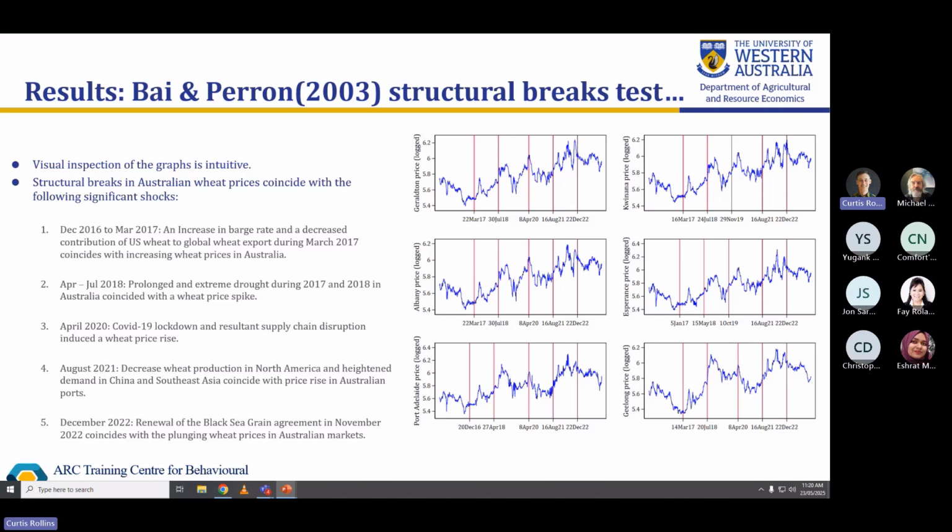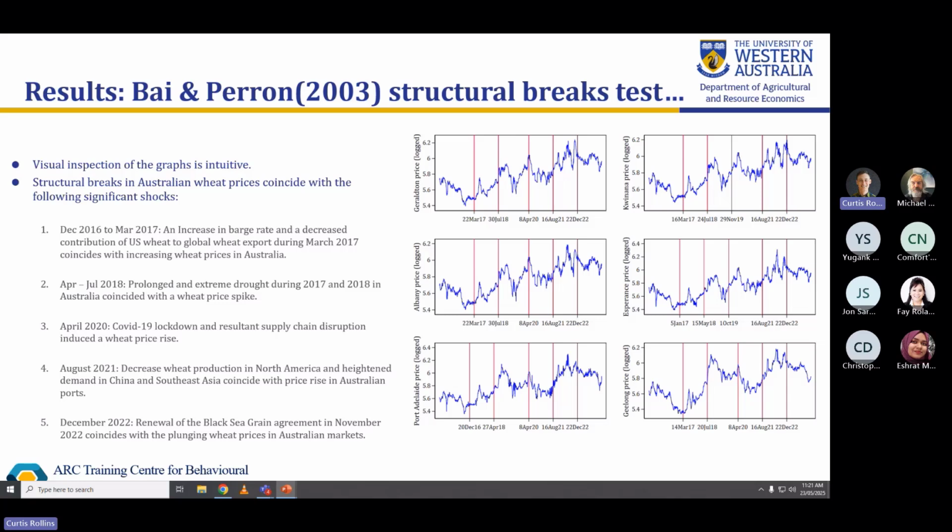That was the bumper period for Australian wheat. Even though there was an increased yield in Australia in that period, there was a drought in North American countries and a reduced amount of wheat available to the global wheat trade. And also there was heightened demand in Southeast Asian countries that increased the price of wheat during that period.